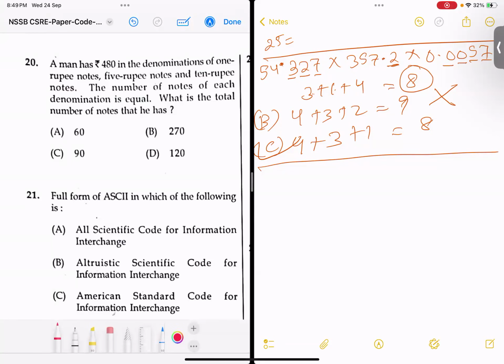Now, it is saying that a person has 480 rupees, okay? 480 rupees, total amount of money that he has. But this money is existing in 3 types of denomination, okay? 3 types of notes. There is the 1 rupee note, right? 5 rupee note, and we have the 10 rupee note.